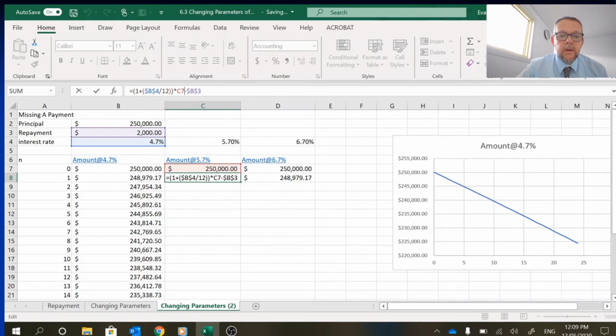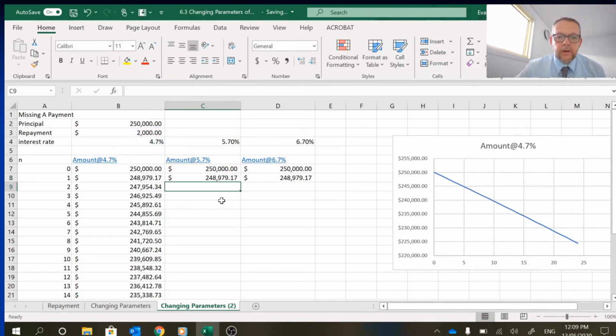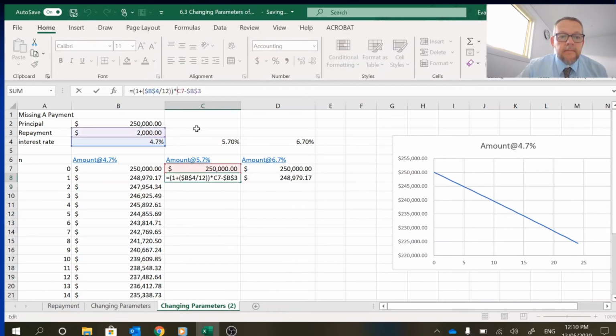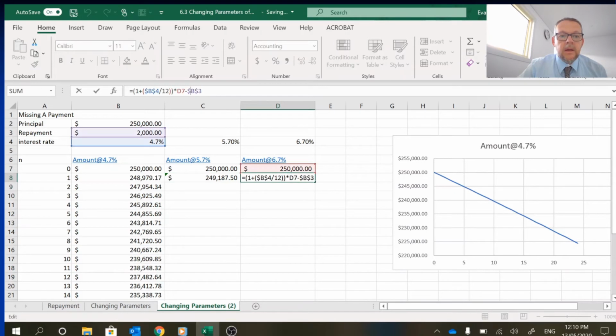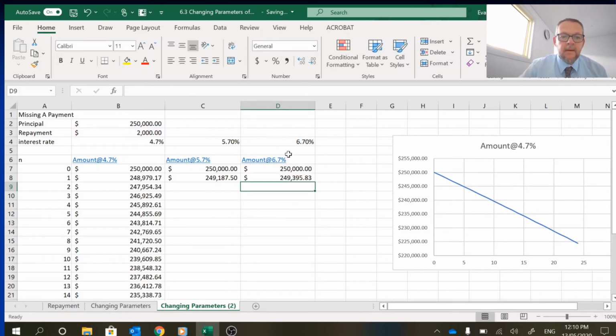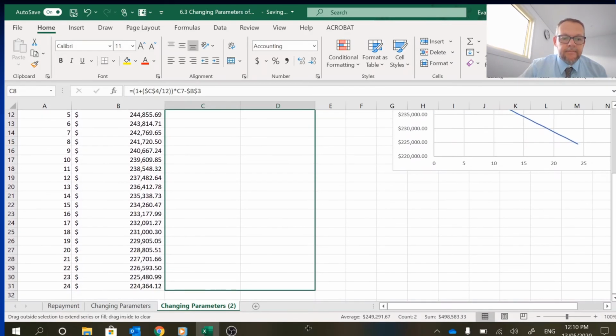So B4 divided by that, and that's looking all right. Oh no, I need to change the blue one for this one, don't I? So I just drag that over. That's looking better. And I need to change this blue one over, so I'm just going to drag that over. And now let's complete this for the 2-year period.